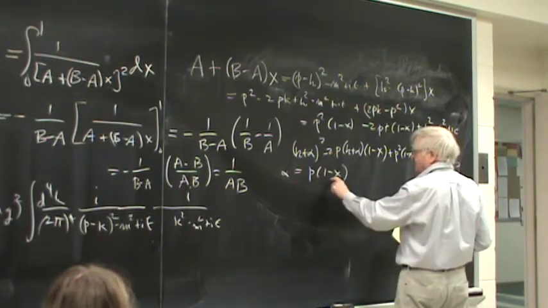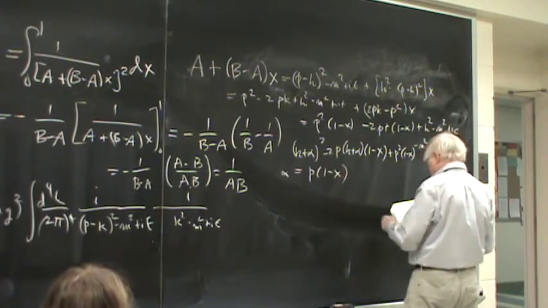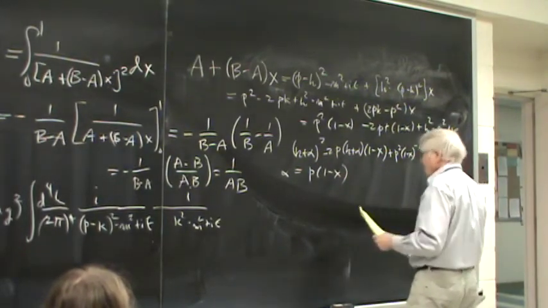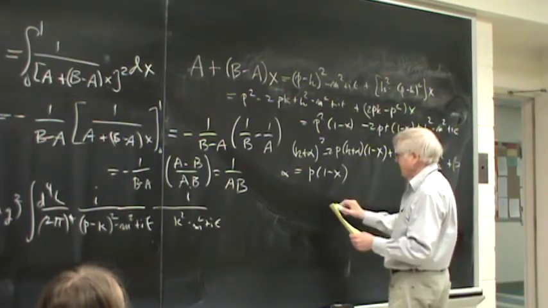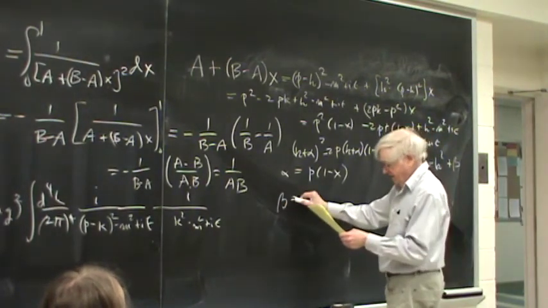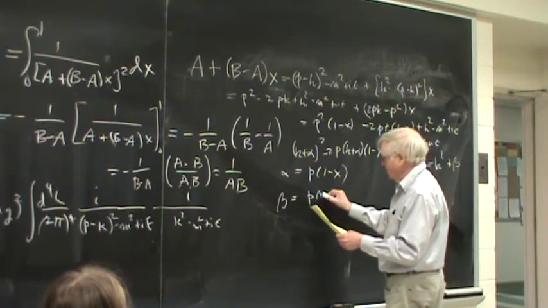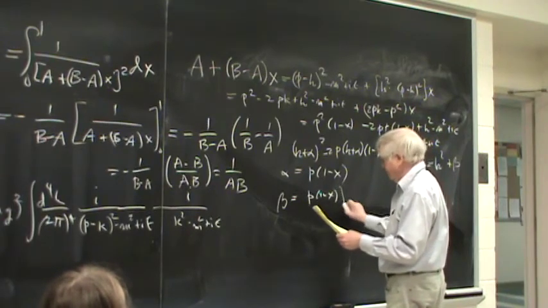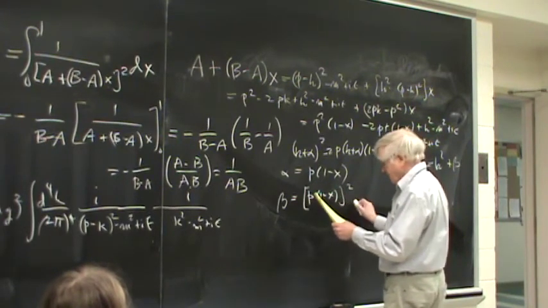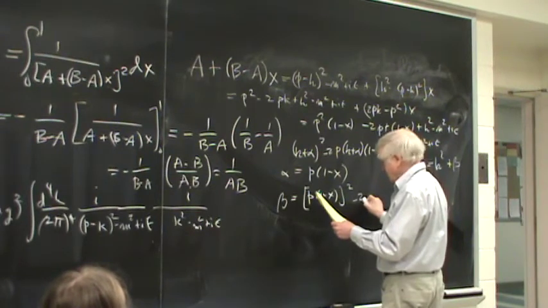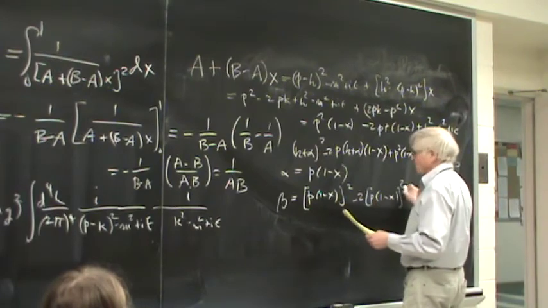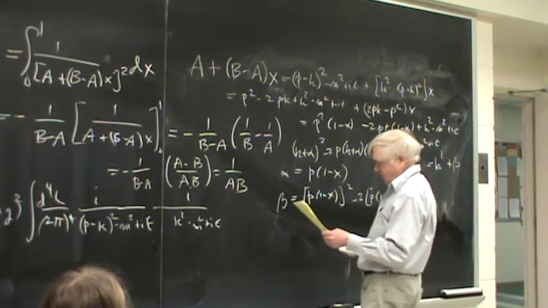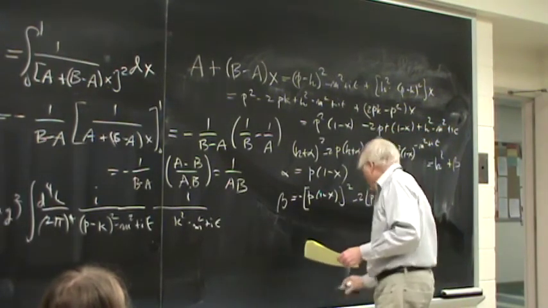So if alpha is p(1 minus x), then the linear term cancels. And beta, which is everything else, turns out to be p times (1 minus x) squared minus 2p(1 minus x) squared, which is also known as minus this.